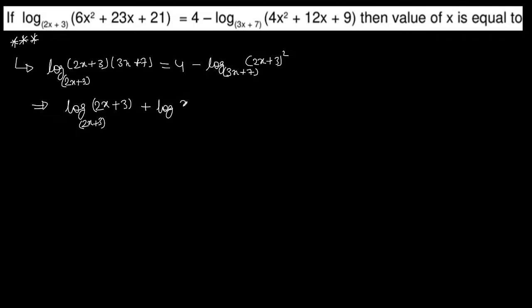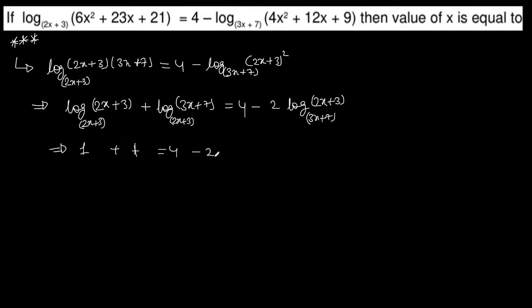Log 3x plus 7 base 2x plus 3, 4 minus 2 log 2x plus 3 base 3x plus 7. Okay, now if we consider this as t, this is 4, this is minus 2 by t.